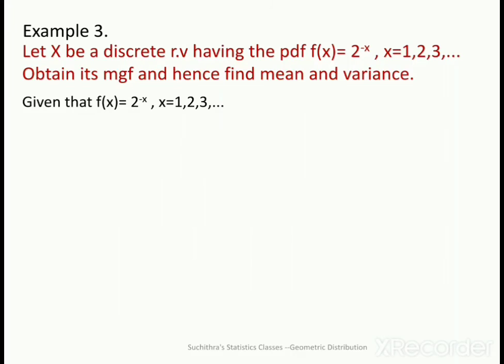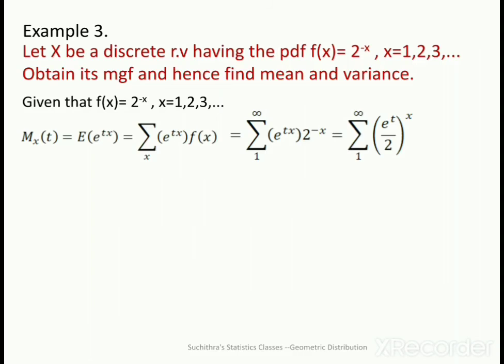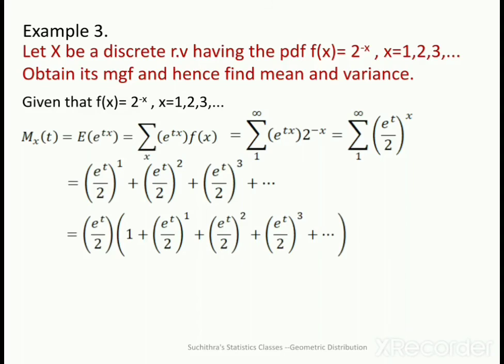We know that f of x is 2 raised to minus x. So M_x(t) is summation over x e raised to tx f(x), summation from 1 to infinity e raised to tx 2 raised to minus x, that is summation from 1 to infinity (e raised to t by 2) all raised to x. Substitute various values of x there, we will get this expression. Take e raised to t by 2 outside, we will get this expression.